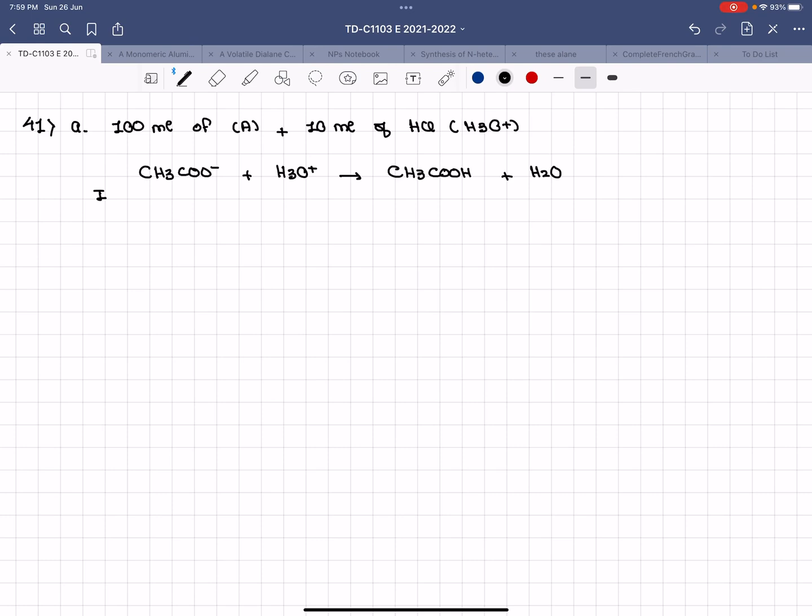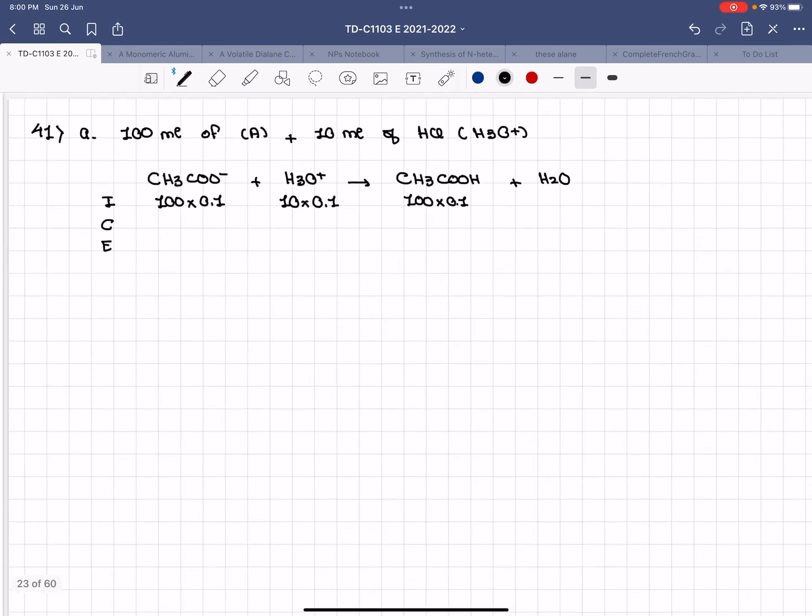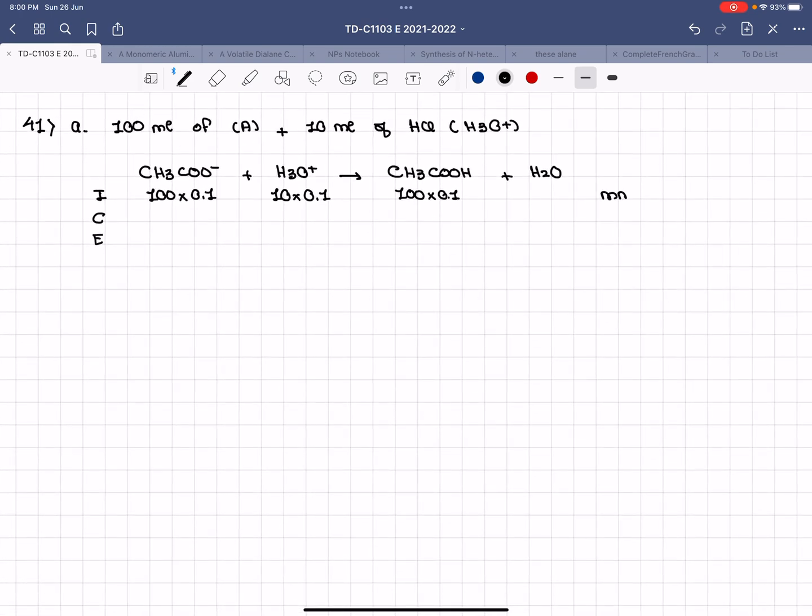Okay? So we do the ICE table very easily. You can do only I and E, but I will do the change. CH3COO minus in A is basically 100 milliliters times the concentration, which is 0.1. This is 10 times 0.1, 100 times 0.1. You should now be aware that here I'm working with millimoles.